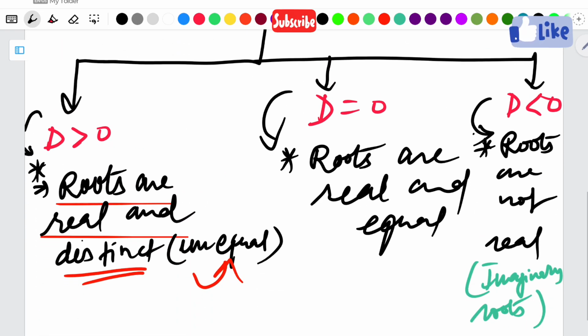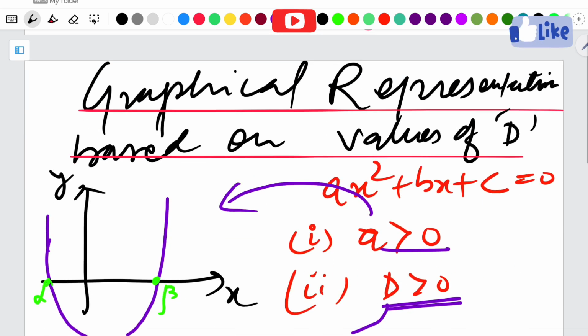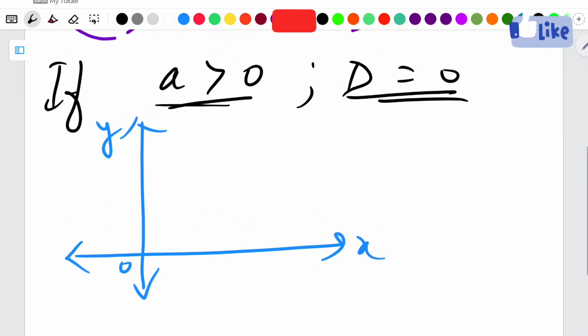See, D equal to 0 means roots are real and equal, isn't it? So from D equal to 0 we are concluding that roots will be equal, and if A is positive, the graph will be upward parabola.